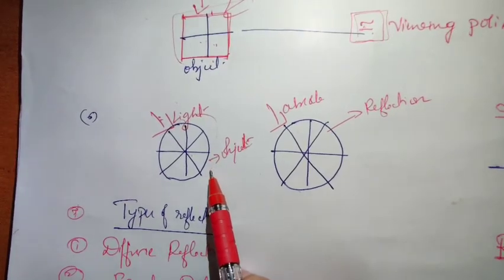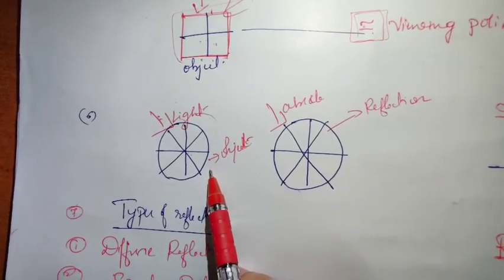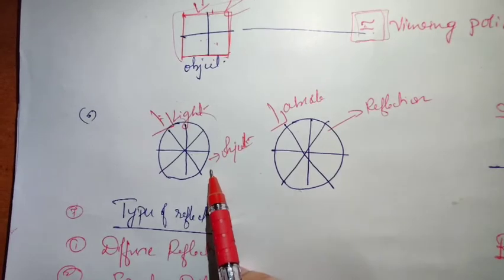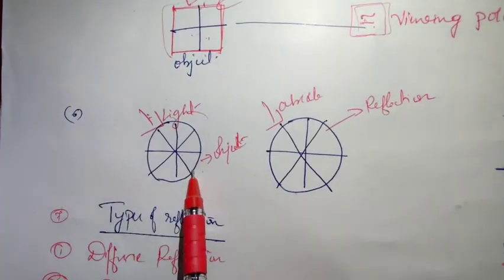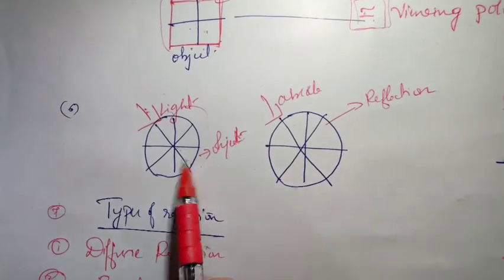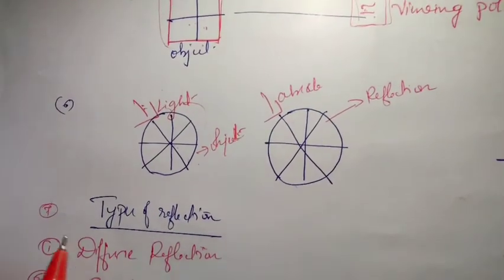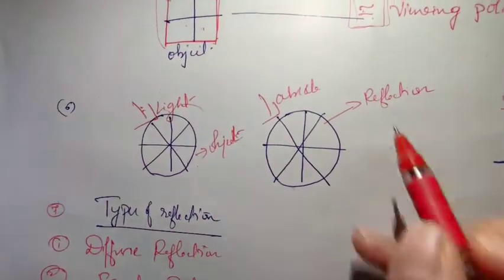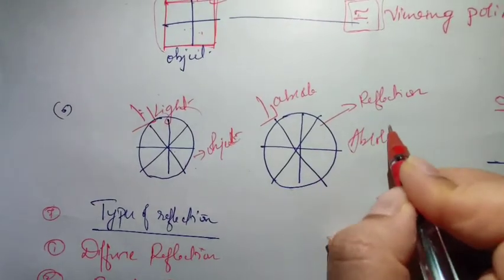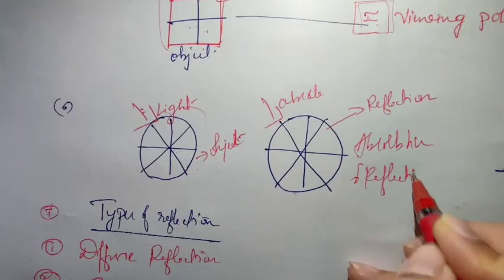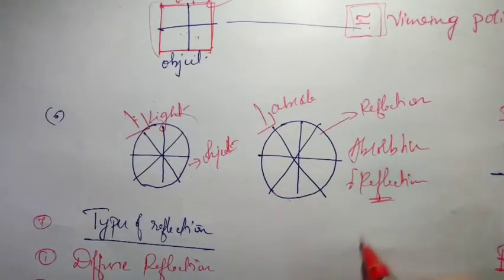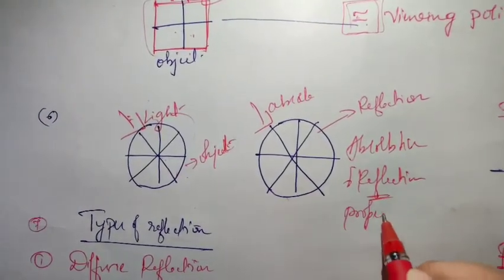This absorption and reflection depend upon the properties of the object. So when light falls on the object, some portion of the light is absorbed and some portion is reflected, and we call these the properties of light.